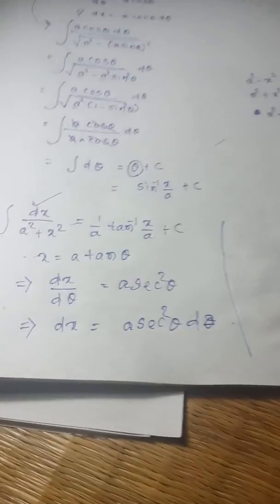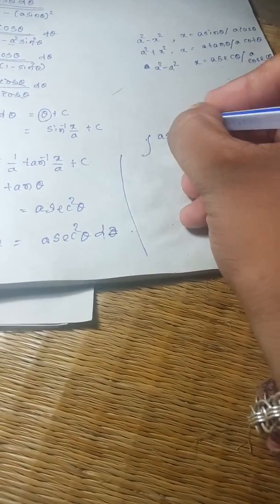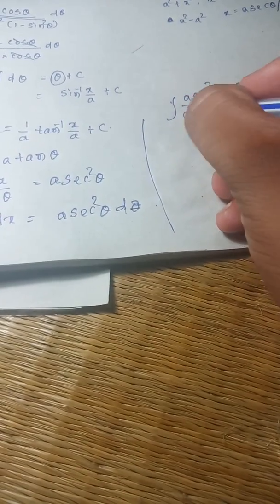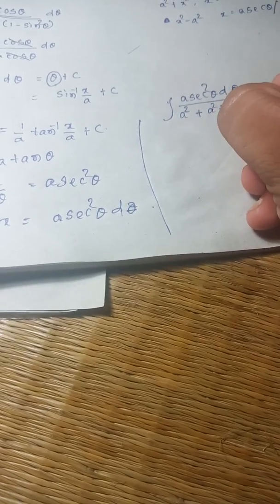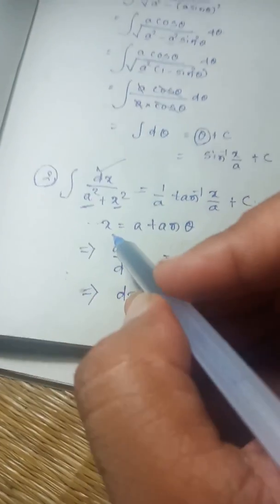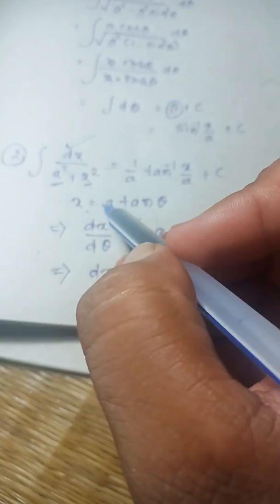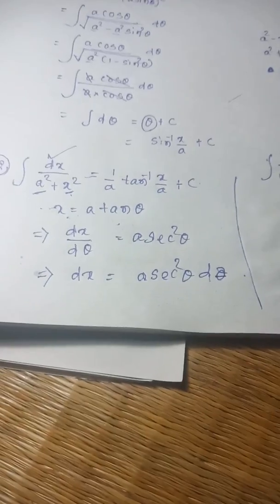So in the question part, we have dx divided by a square plus x square. So instead of writing dx, right now I can write a sec square theta d theta divided by, in the place of a square I am putting a square, and in the place of x square I am putting a tan theta whole square, that means a square tan square theta, because I have taken x is equal to a tan theta.